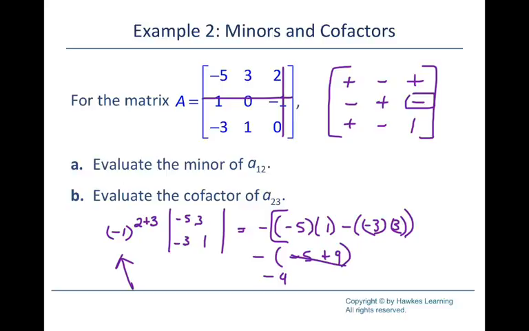It changes the sign to negative, which is what this did right here, because negative 1 to the 5th power is negative. That's where that comes from. So you can just realize that those cofactors go positive, negative, positive, and then you don't have to multiply them every time. That's up to you. You can use the formula, or you can use my little cofactor sign chart.